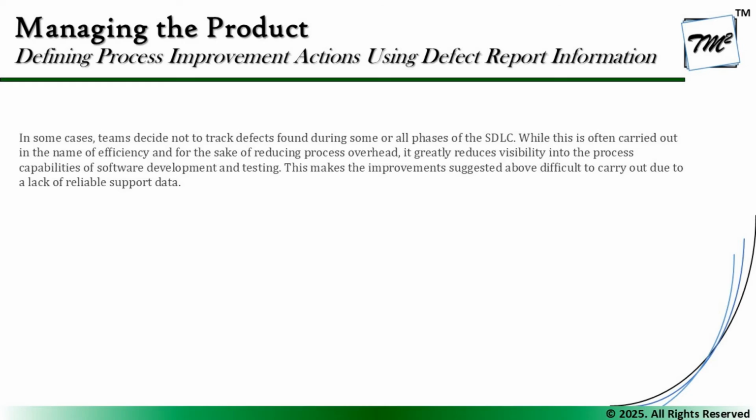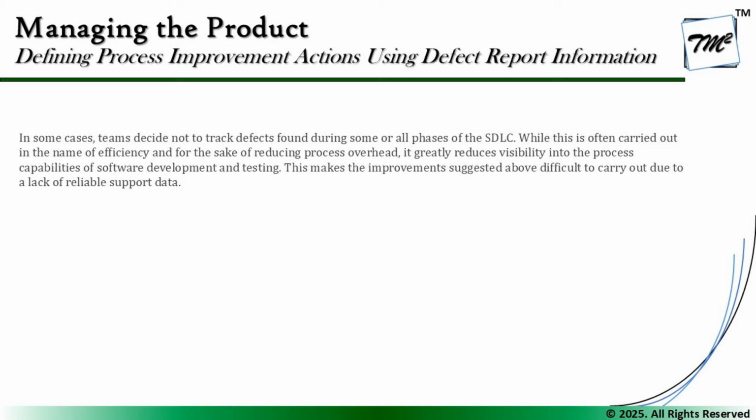So put together, the whole goal is to understand how we can consider the defect information or defect data fields to collect some more information from this and then look forward to define and determine the improvement actions within the process. Finally, to add here, of course, the last important part to discuss is that in some cases, teams do decide not to track defects found during some or all the phases of SDLC.